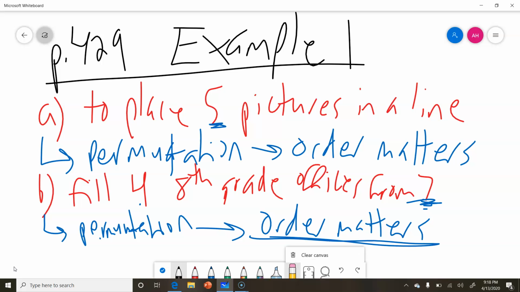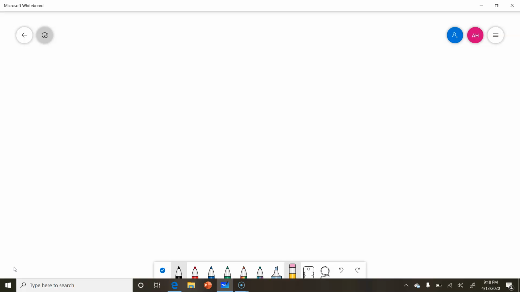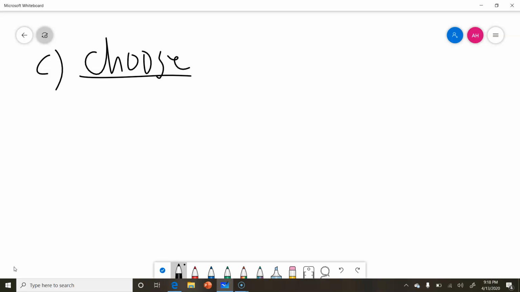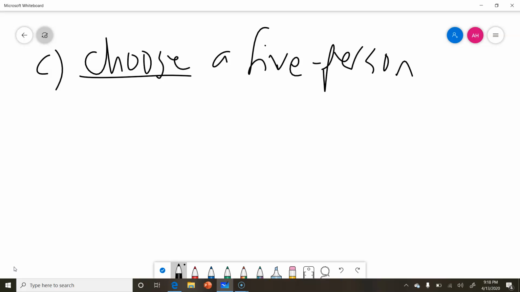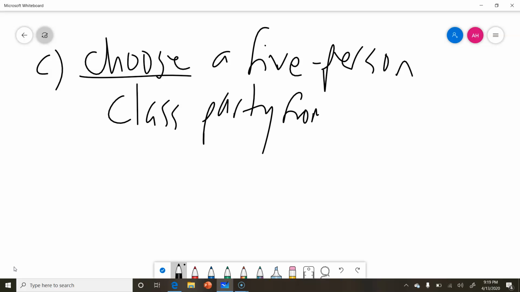Now, if you need to pause that, go ahead. Lastly here, what happens in step C? This is the same example, but step C. It says the number of ways to, key word here is choose, a 5-person class party from 12 people. Now that sounds very similar, right?